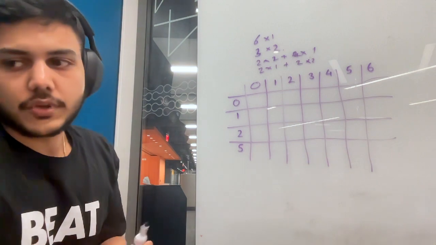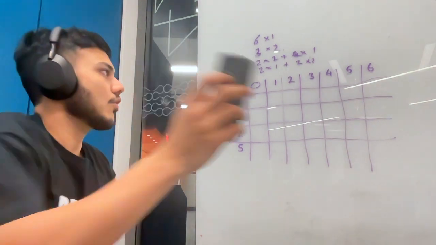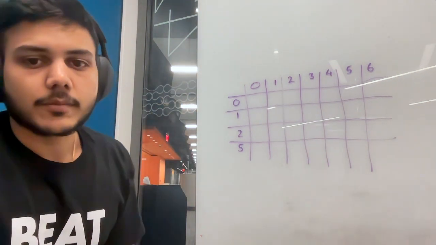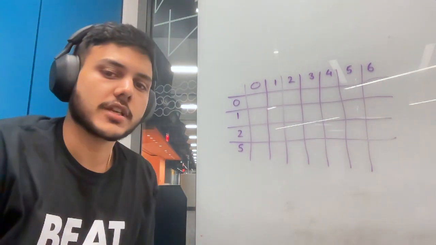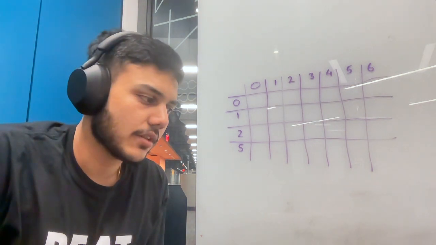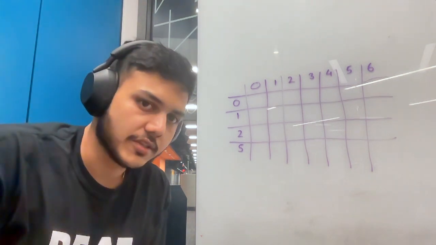But if you think, we want all possible combinations, right? Not the minimum combination, now all possible combinations. They are expecting us to give them a number, not all the combinations, right?